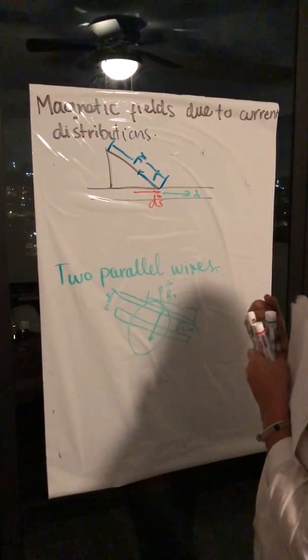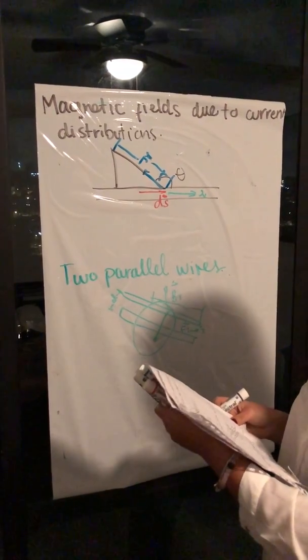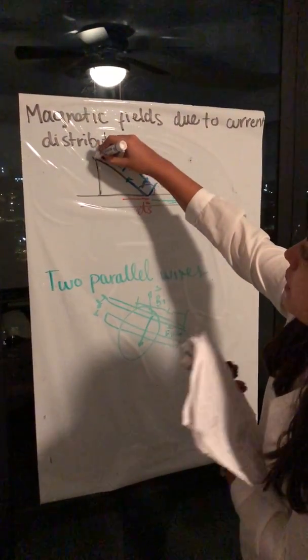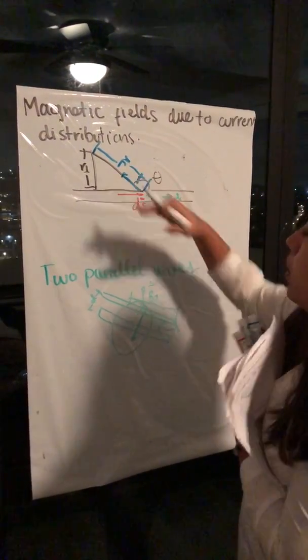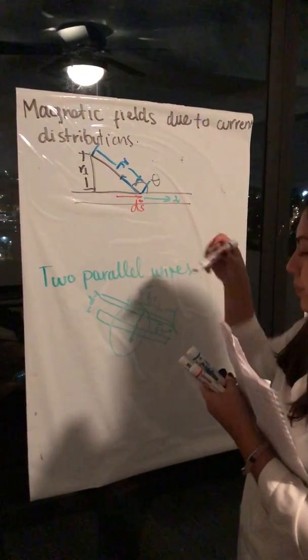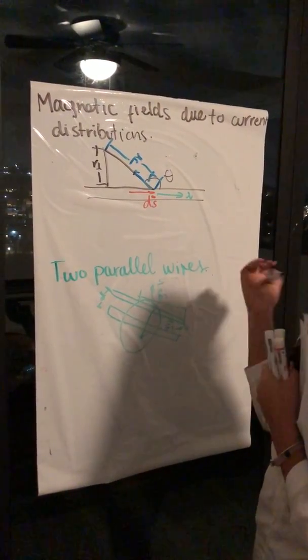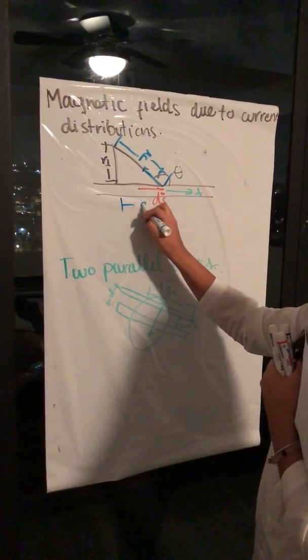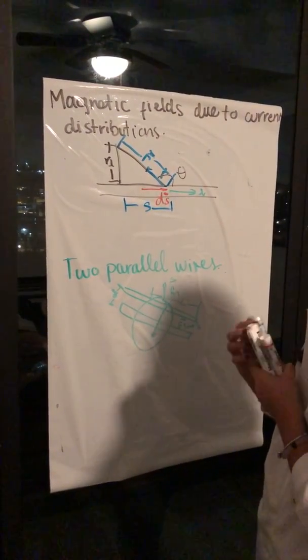This would be theta, because it is quite important, and this would be the perpendicular distance from where we are measuring our magnetic field. And last but not least, S, that is the distance from which we're gonna measure our magnetic field.